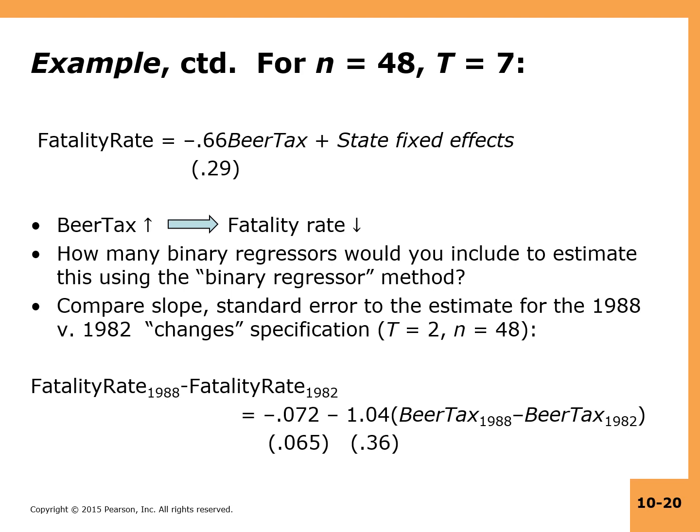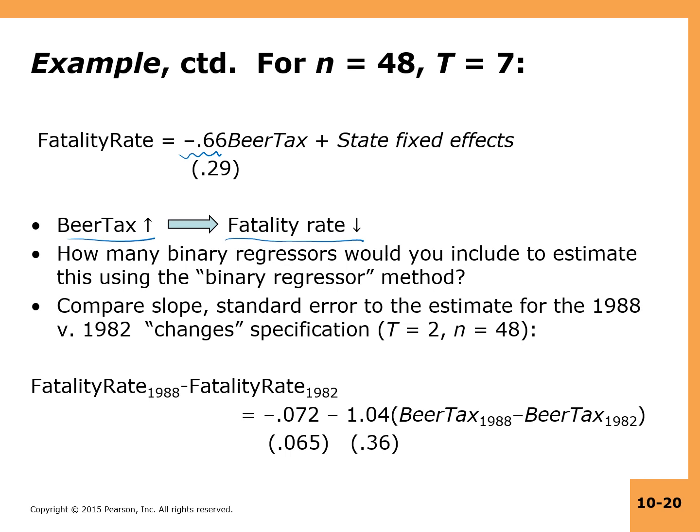Using the output from Stata, we get the coefficient for the main variable of interest. And the coefficient indicates that when the beer tax increases, the fatality rate actually decreases, which is consistent with economic theory. So how many binary regressors would you have included to estimate this using the binary regressor method?